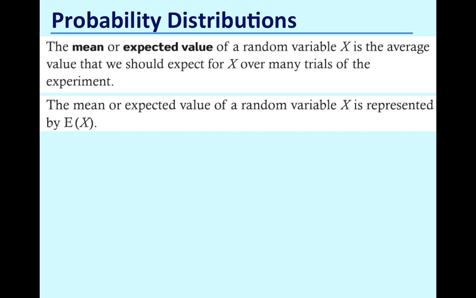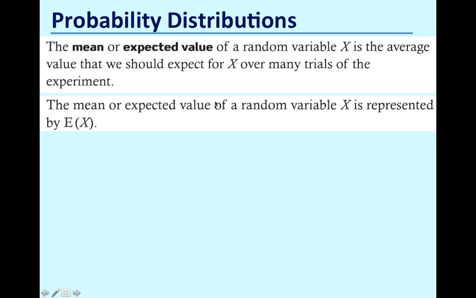The next key concept is the mean, or more often referred to as the expected value. So we're going to be looking at the expected value of a random variable x, which is the average value that we would expect for this random variable over many trials of the experiment. And obviously the more times we do the trial, the more reliable this expected value is going to be.